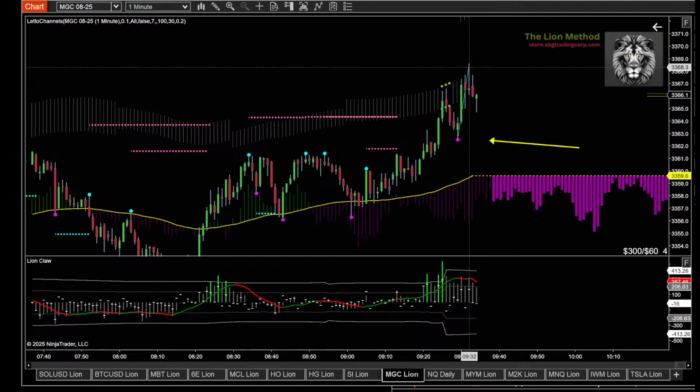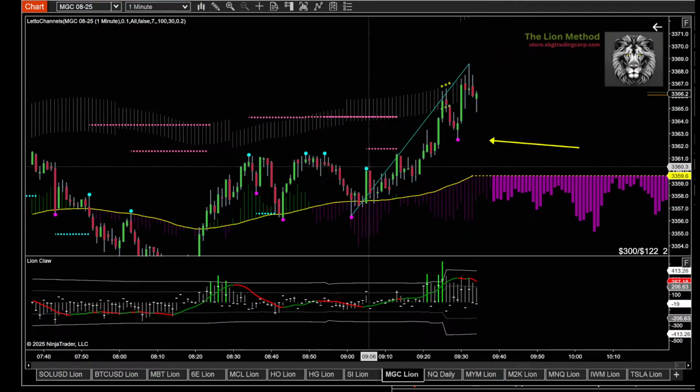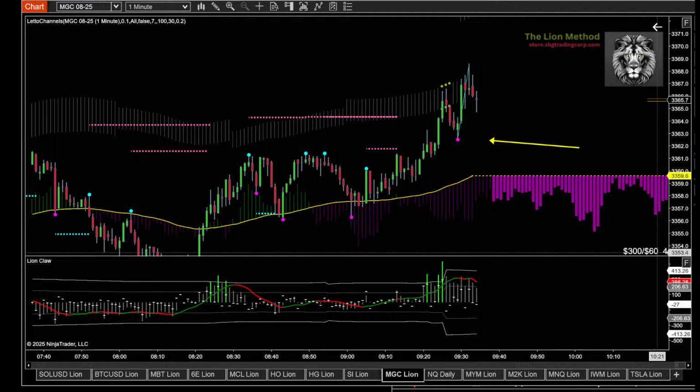Now, extension 62 lines not only prints the magenta dots, the cyan dots, and the lines, but it also shows us our risk numbers. Bottom right, $300 is what I want to risk on every trade. And this distance from this swing high to this magenta dot is $60 in distance. So it's 60 ticks or $6 in price.